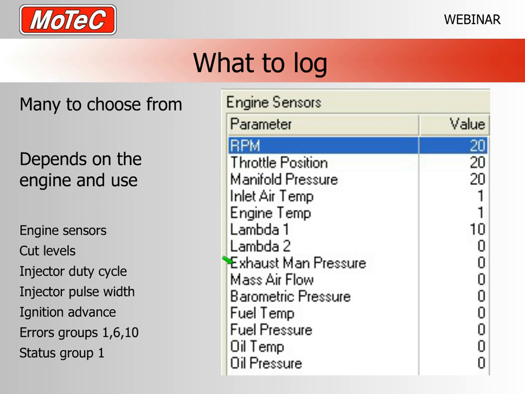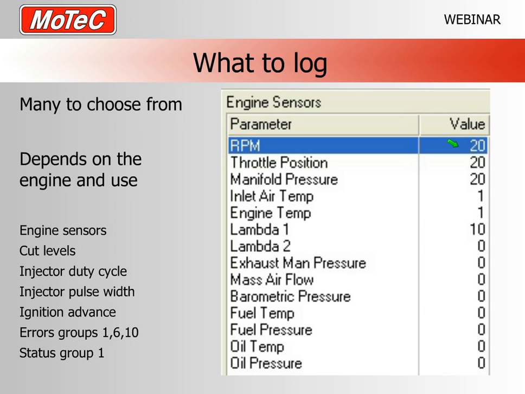So by going through the list of channels, and there's literally hundreds, you can instruct the ECU what to do. Now this is highly dependent on what the engine is and what it's being used for. Is this a ramp run on a dyno that lasts for 10 seconds?